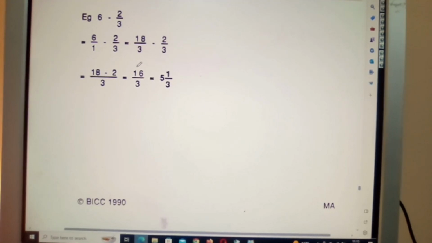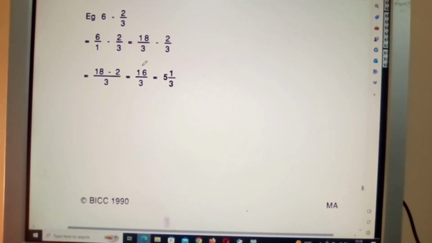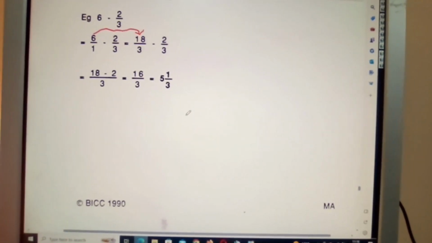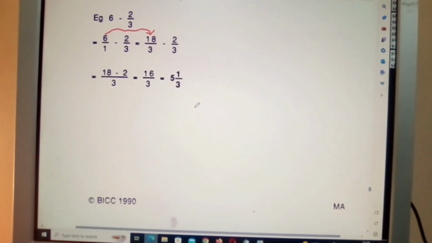Okay, and what number did they multiply by to get 6? Sorry, what number did they multiply by to get 18? Okay, so that this here is this here, and they would have multiplied by 3. Okay, and so forth and so forth. I'll leave the rest for you to sort out, okay?